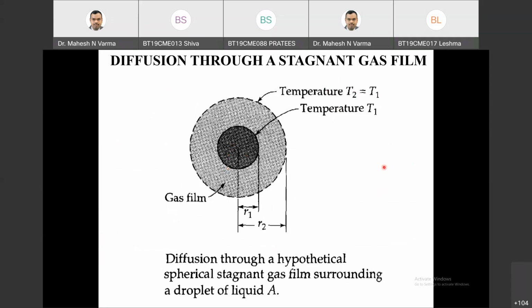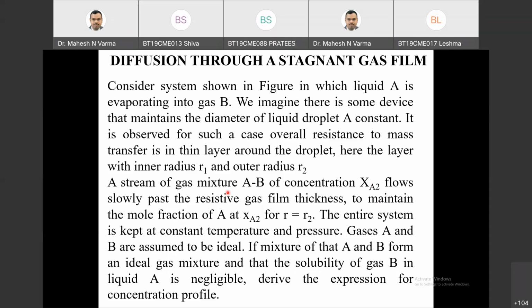So the mole fraction of A in the bulk of the gas is XA2. This is what is given. It flows slowly past the resistive gas film thickness to maintain the mole fraction XA2 at r equals R2. So this will be continuously passing through.